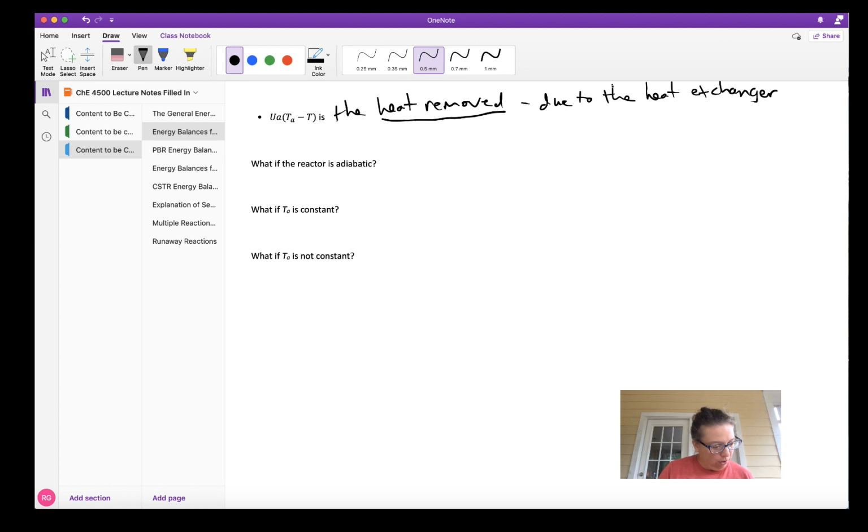Okay, so what if the reactor is adiabatic? In that case, adiabatic means Q equals 0, so we don't include the UA delta T term.